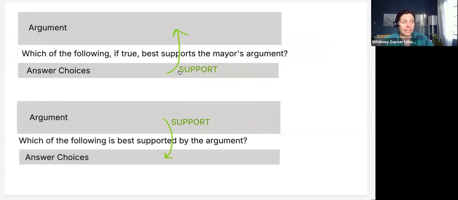And so if the support is coming from the answer choices and going up into the argument, it means that the conclusion is up in the argument. And so this is a strengthen question.